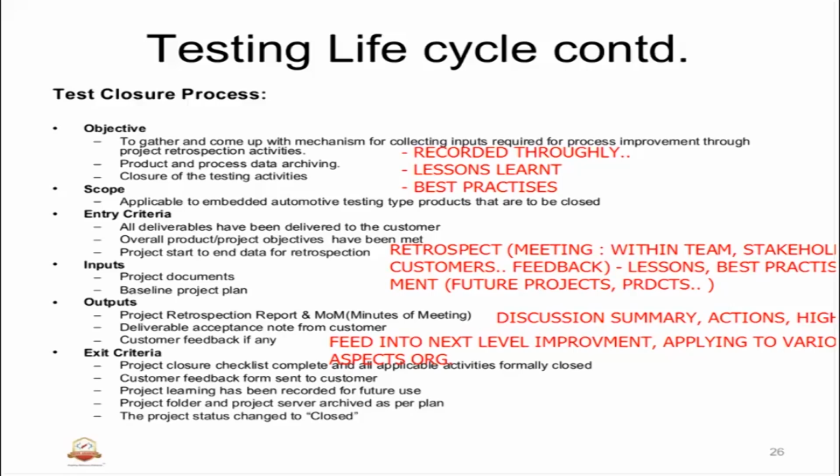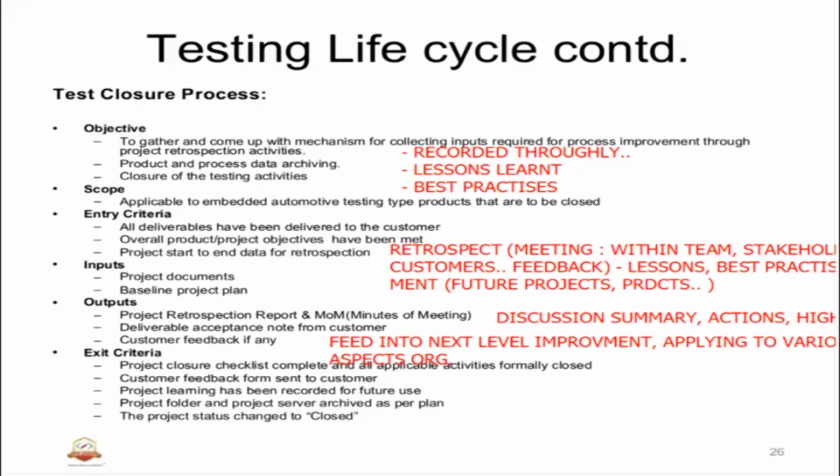Project learning has been recorded with review. Project folder and project server archived. As I said in the earlier step, it's an objective. The project status changed to closed. It means the database or whatever it is will identify the project as started, in progress, open (that means the project is open but not making any progress), stalled or halted, and closed.